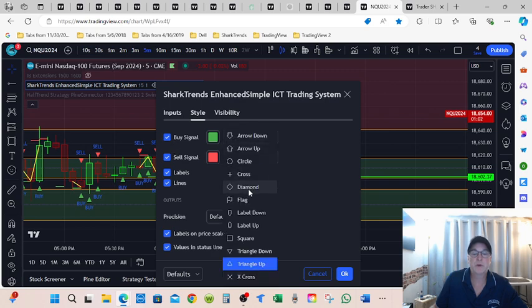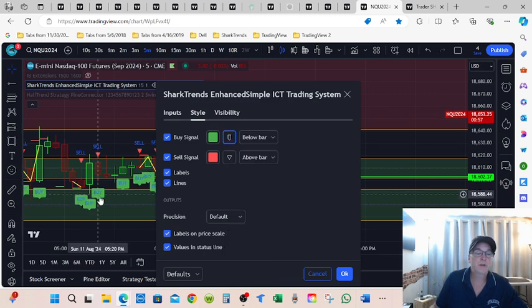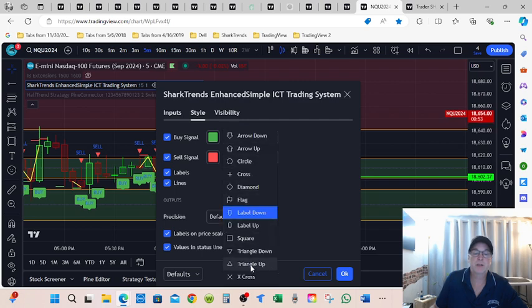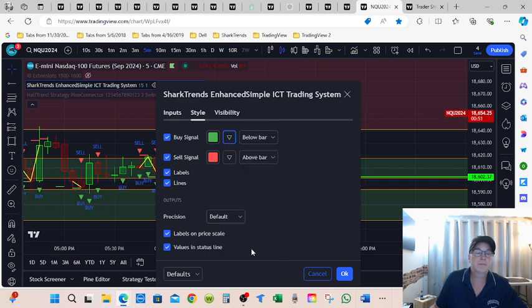On the original description, you'll see buy and sell labels. I changed them to just the diamonds because that's what I like. And if you don't want the buy sell signals, turn them off.